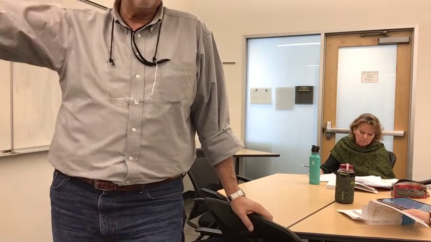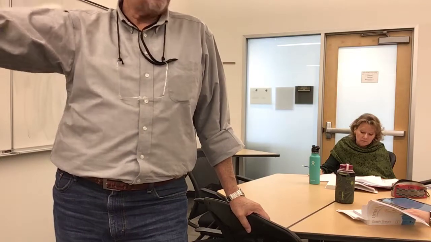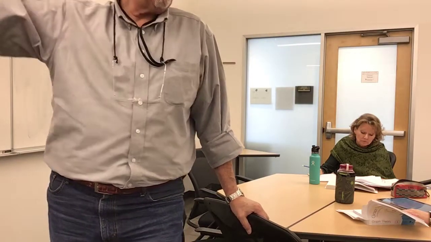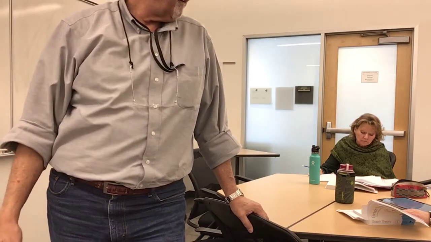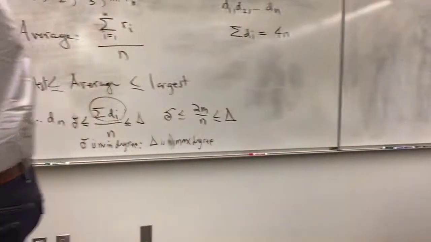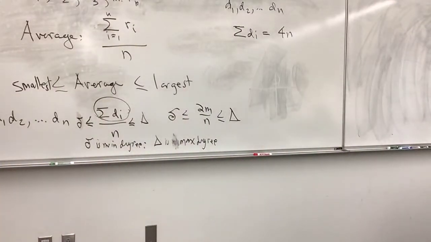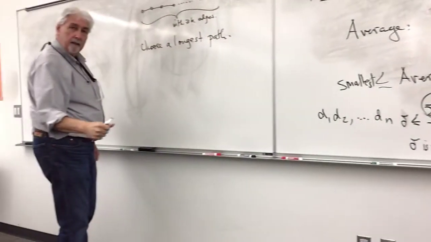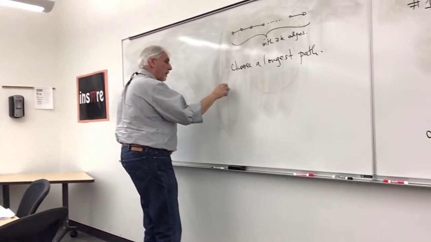And it may take you a long time to find the longest path. But you have all the time in the world, and you have computers, and you're able to find a longest path. Okay? So when I say choose the longest path, we know we can do that. Okay. So, choose the longest path.